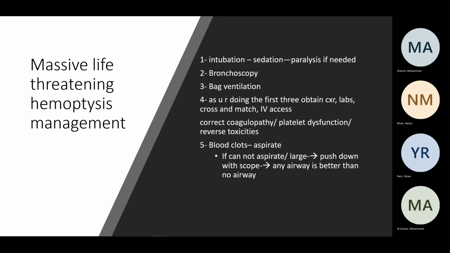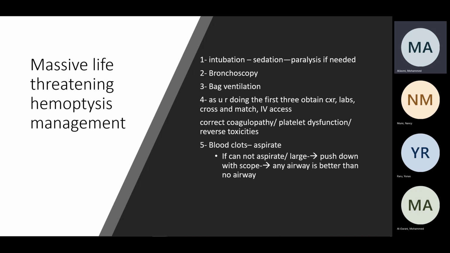So number one for me is intubate, okay? Sedation and paralysis if needed. Why do we say sedation and paralysis for patients who have life-threatening hemoptysis? I mean, that sounds counterproductive. A cough should help clear the airway.